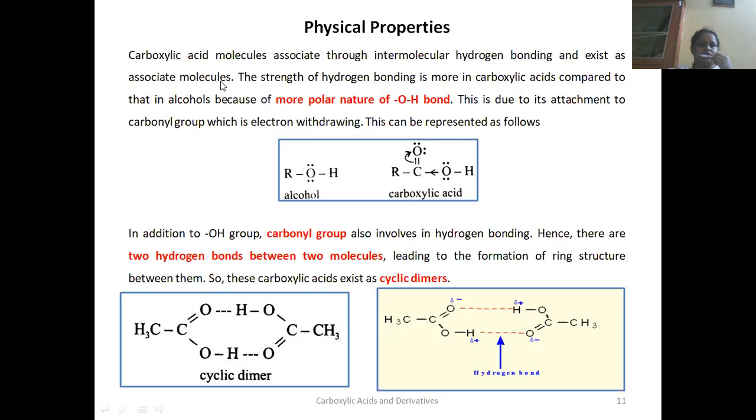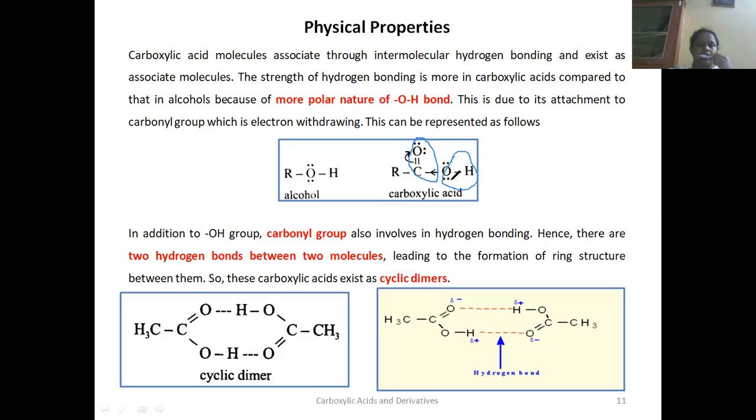Association means they form dimers because of the presence of the C=O group in addition to the OH group. They associate in solution and exist as dimers like this. See here, this is possible through intermolecular hydrogen bonding.